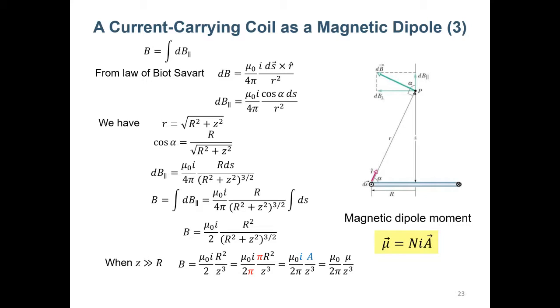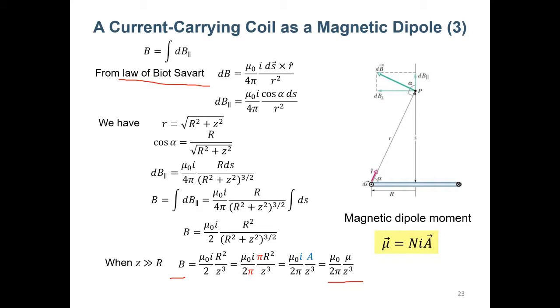So we can similarly derive the magnetic field generated by this coil. So we use the law of Biot-Savart.